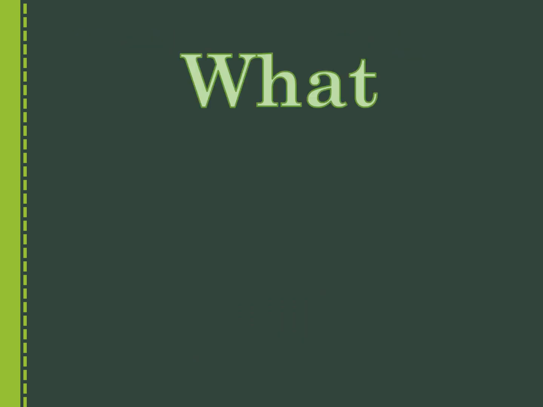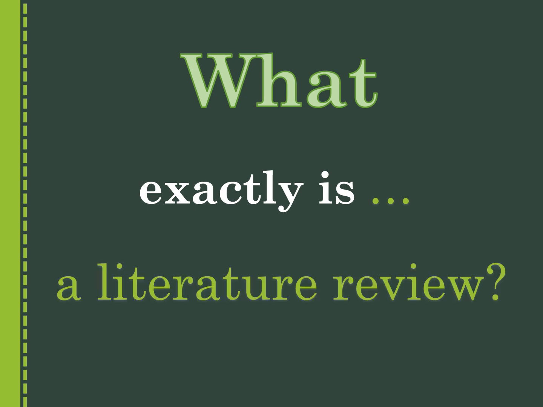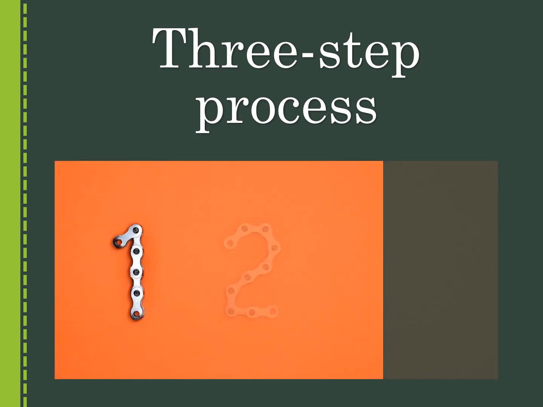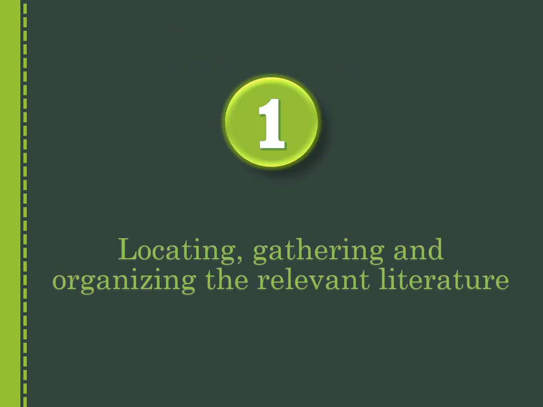So, what exactly is a literature review? Well, in order to answer this question, it's important to see this as a three-step process, which is circular rather than linear. So it's a very iterative kind of process. The first step entails locating, gathering, and organizing the relevant literature on your specific topic or area of research.